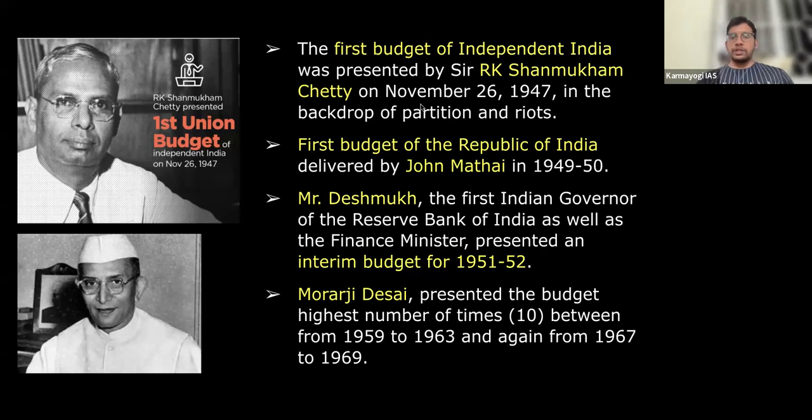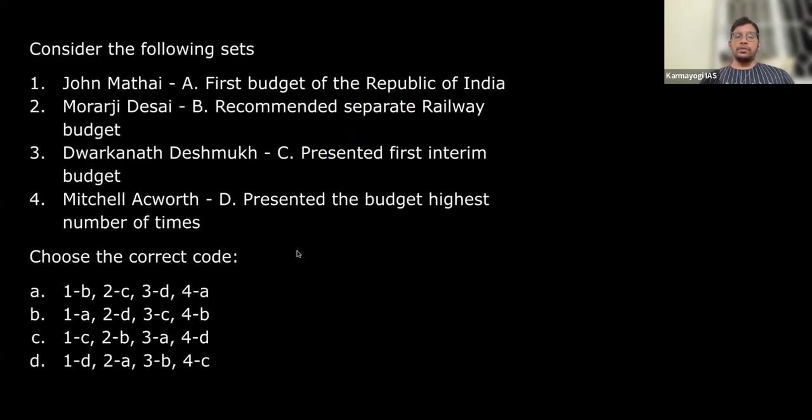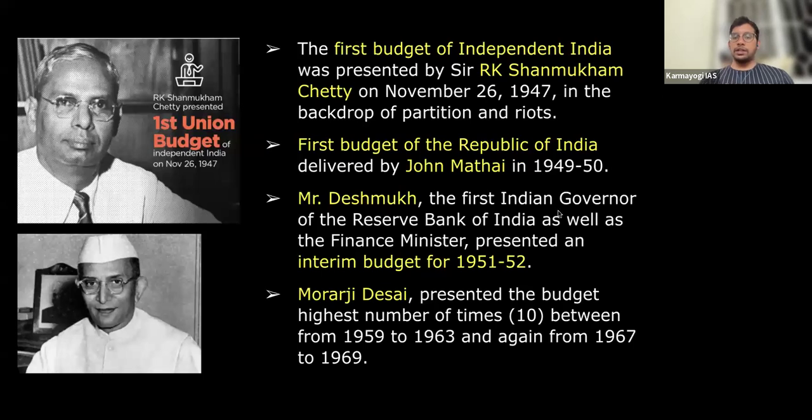Next one, first budget of Republic of India, we have just seen, that is John Mathai, and then Mr. Deshmukh has presented the first interim budget, and Morarji Desai has presented the highest number of budgets. So 1957 to 1963, again 1967 to 69. So in total 10 times he has presented the budget.